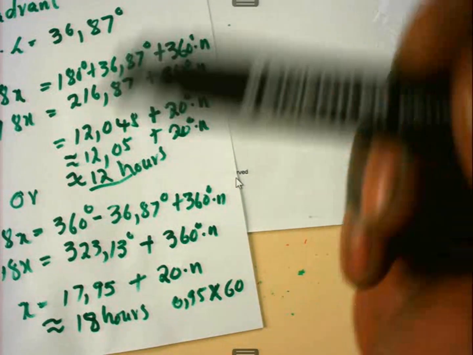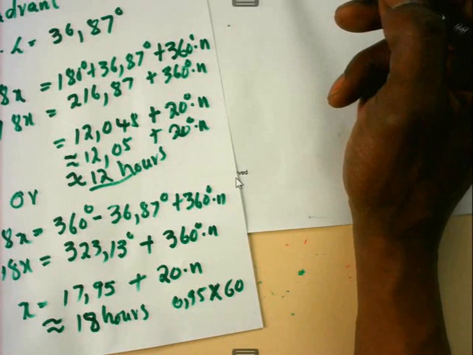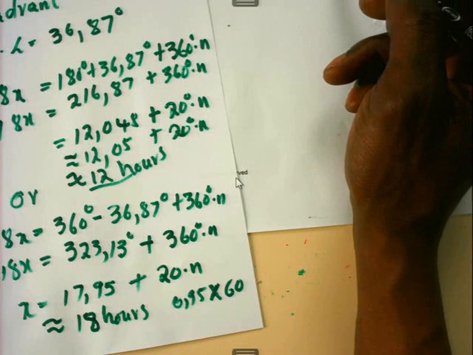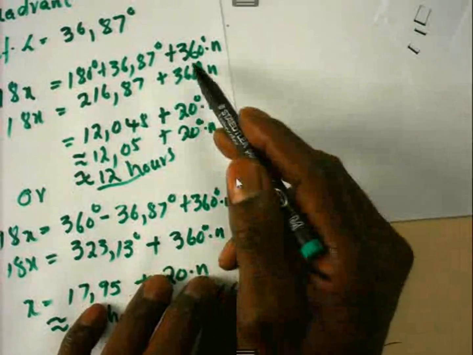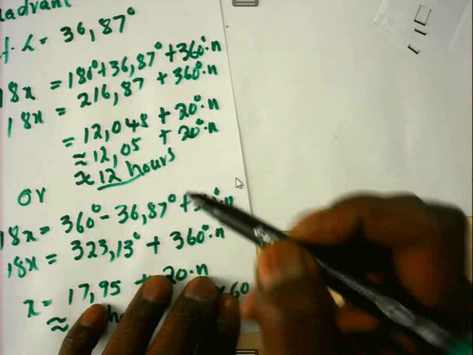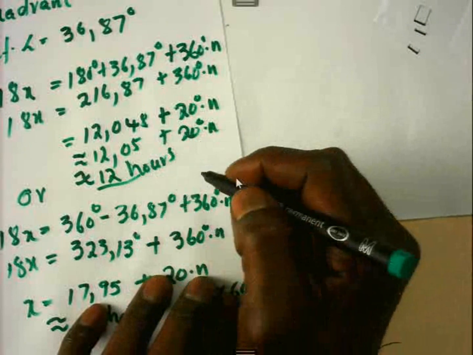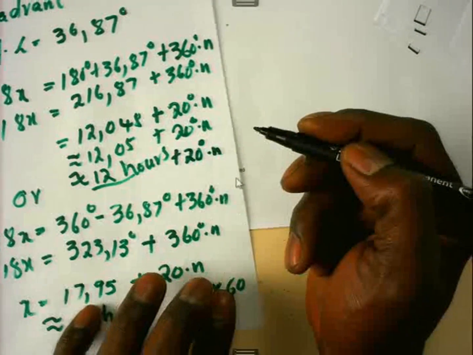Without a general solution, it's really difficult for me to give the other solutions in this problem. So I've rectified it and add 360 degrees. I went up to this step, so I'm having 12 hours plus 20 degrees times n.